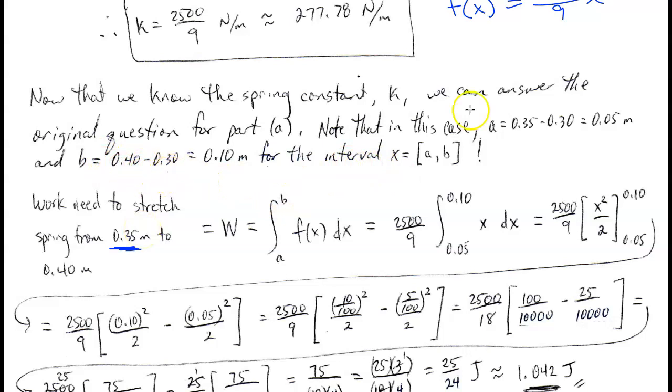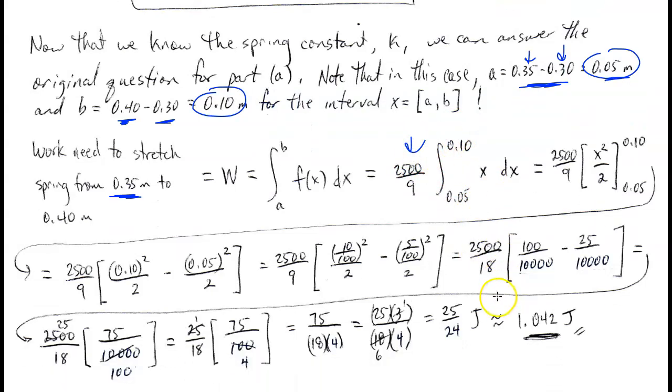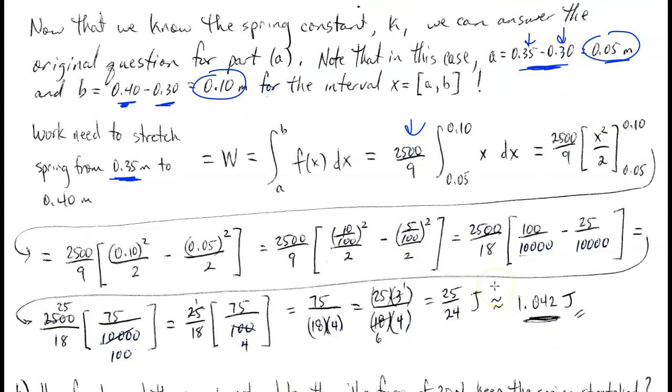So here we know that the difference between the natural length and 0.35 of a meter is 0.05 of a meter. And where we stop is at 0.4 of a meter, which is about 1/10 of a meter beyond the natural length. And so we use the 0.05 and the 0.10 as our limits of integration now with our newly found constant. And then it's just a matter of taking the antiderivative of x, using the net change theorem from Calc 1 to evaluate that result.